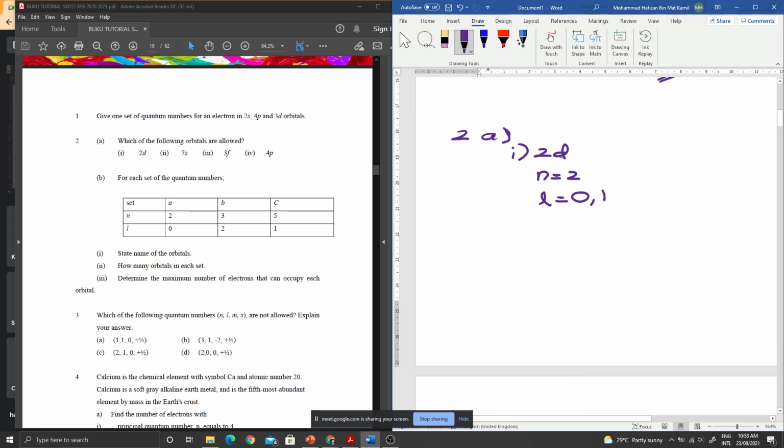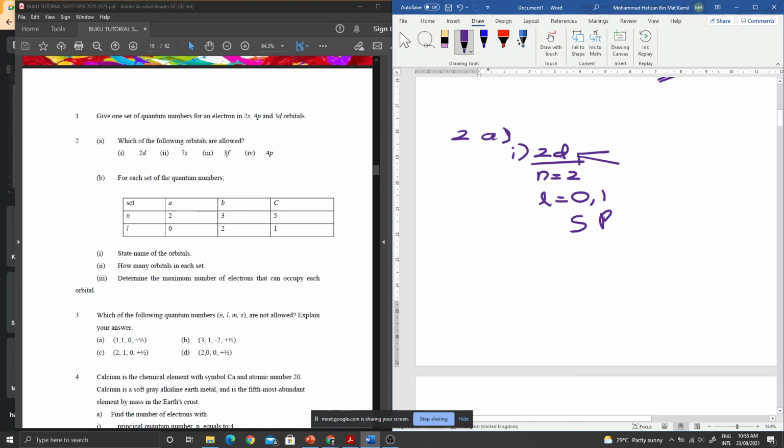So kalau 0, apa dia punya orbital? Bulat. Yes. And nama dia is apa nama dia? S. S dengan P. Kan? So, boleh ke ada 2D? So, is 2D allowed or not?